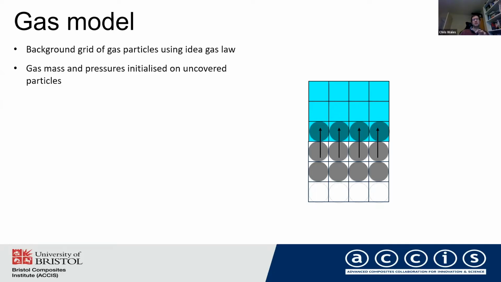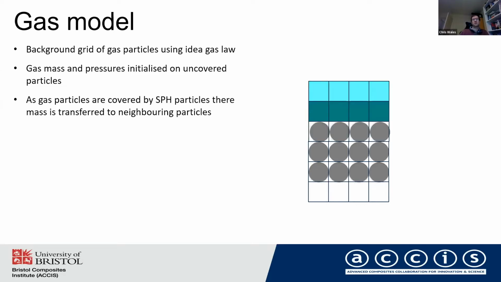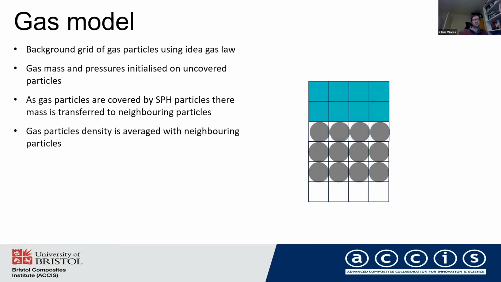So this effectively sets a sort of time step limit, in that we can't have particles moving over one time step more than the grid spacing for the background grid. So once we've adjusted the mass due to the volume change or mass covering a cell, we then have an averaging step over connected gas regions.